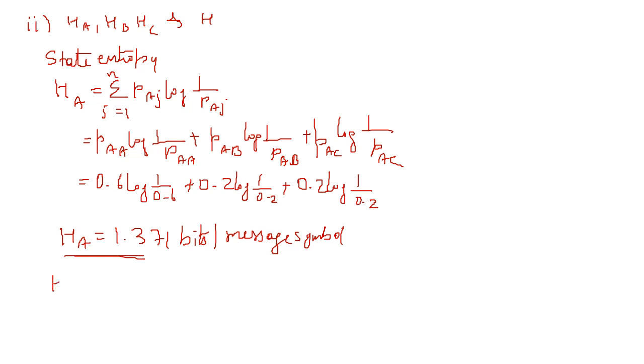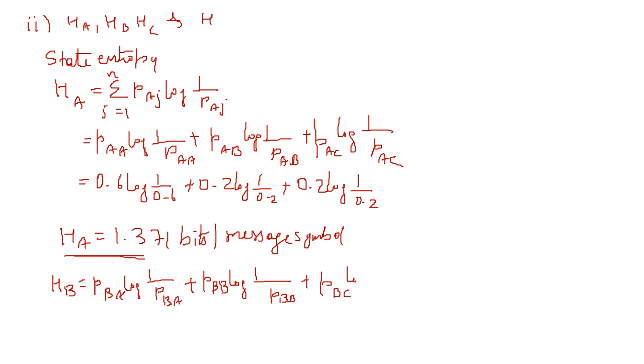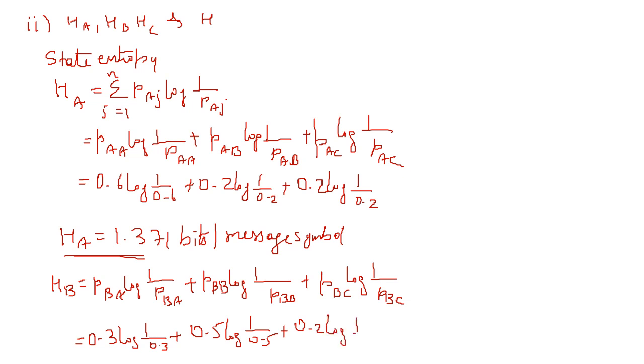Similarly, we can write the HB equation as HB is equal to P_BA log 1 by P_BA plus P_BB into log 1 by P_BB plus P_BC into log 1 by P_BC. So we'll write the value of P_BA, which is 0.3 log 1 by 0.3 plus 0.5 log 1 by 0.5 plus P_BC is 0.2 log 1 by 0.2.